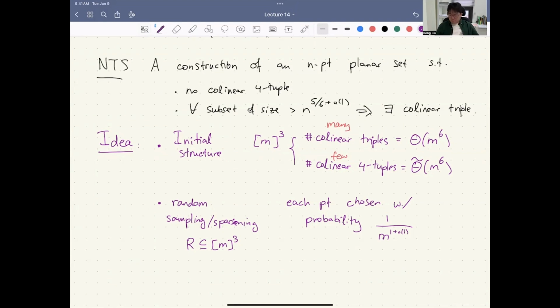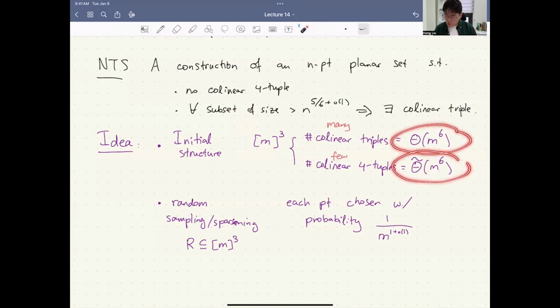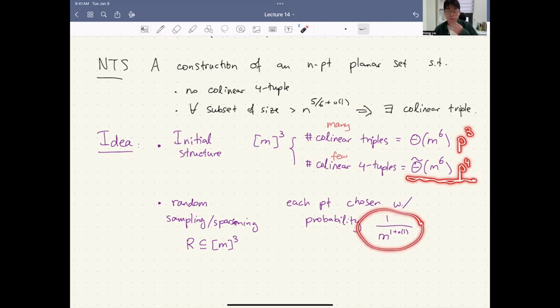Now, to do this sparsening, because this is triple and this is 4 tuple, when you take the sampling, this number will drop by different factor. Here it will drop by p to the 3, right? For every triple. Here it drops by p to the 4. So the number of 4 tuple are much, much fewer in the random set when your probability p goes to 0.